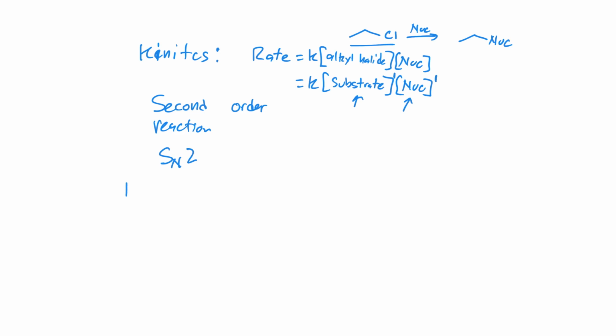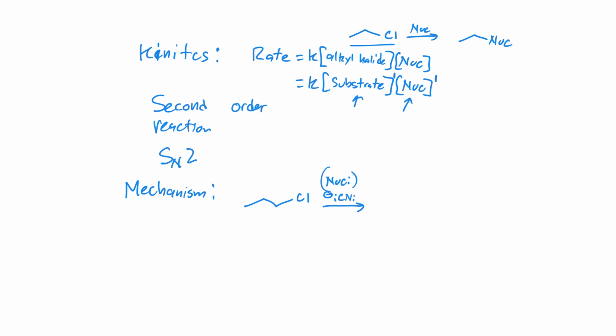So let's look a little bit closer now at the mechanism of this SN2 process. This is probably going to be one of the simpler mechanisms that we observe this semester. So here is an alkyl chloride, propyl chloride in this case. It's also going to be called the substrate, and we could use the nucleophile here. You could use the general nucleophile. I'm going to put in a specific one just because it's a little more interesting. I'm going to use CN- as my nucleophile.